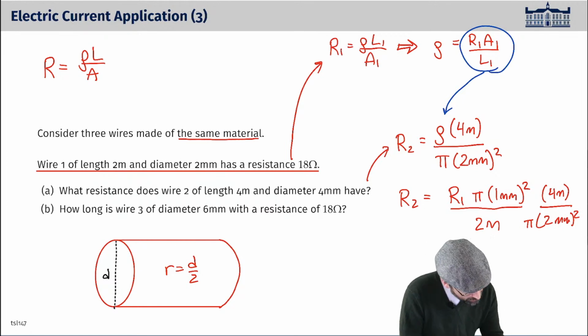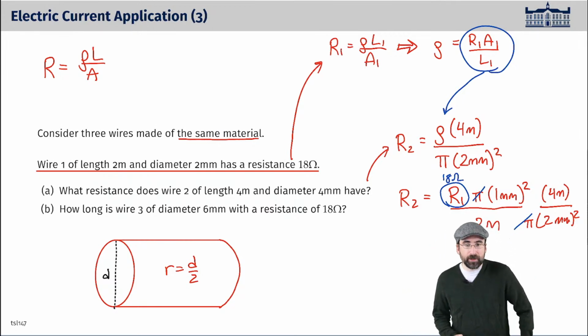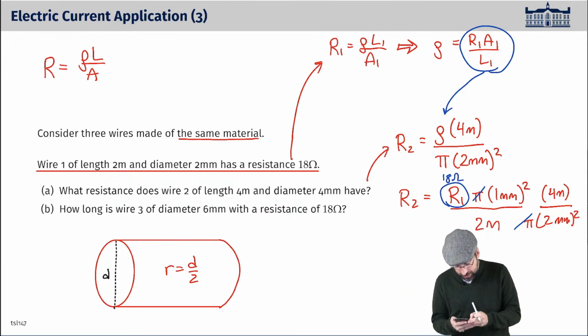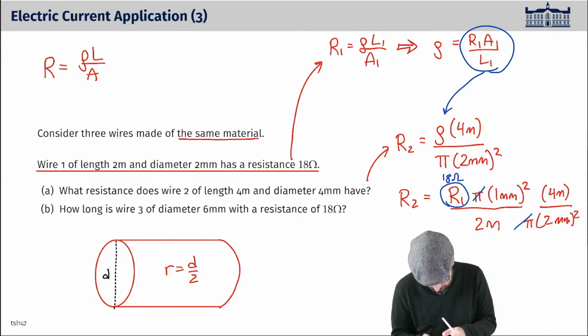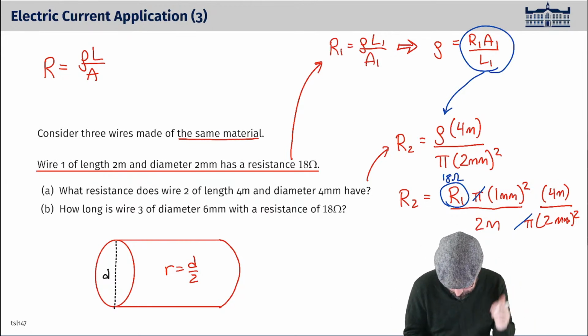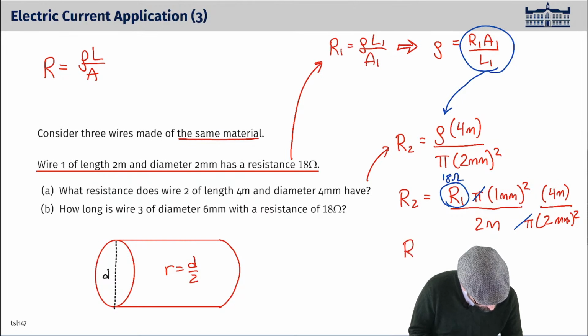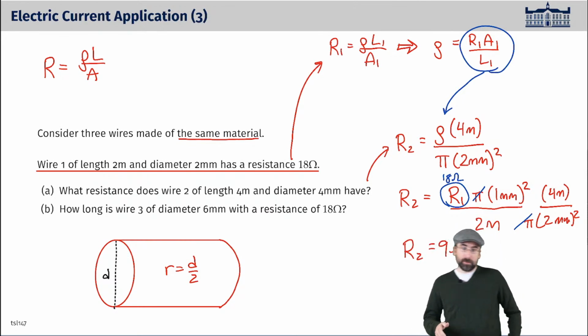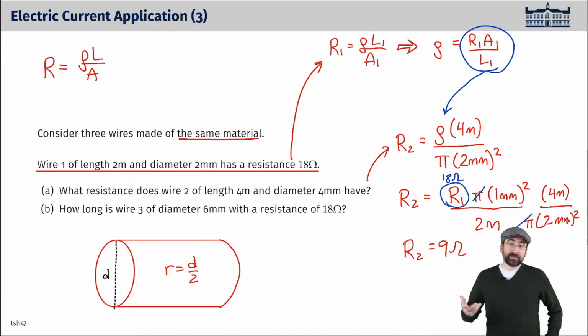So note when I do that, my pi's cancel out. I plug in 18 ohms for my resistance 1 value. I do my unit conversions and I calculate everything. And when I do that, I get that R2 is 9 ohms. That is to say, it is half of R1.